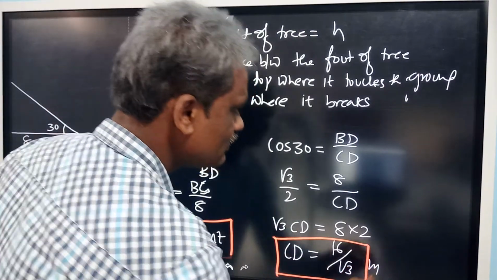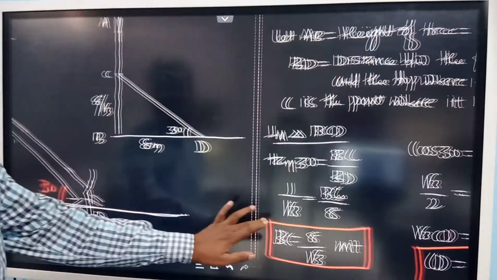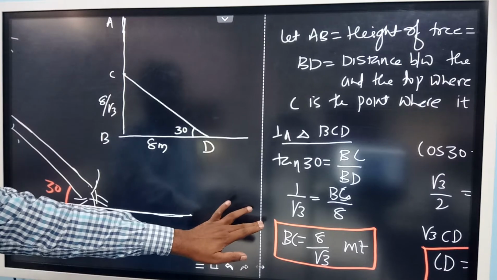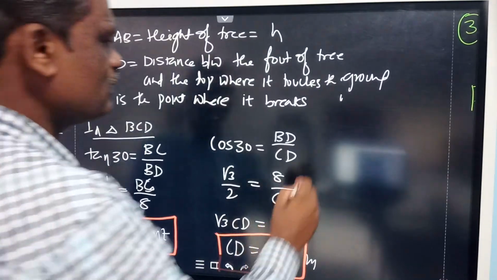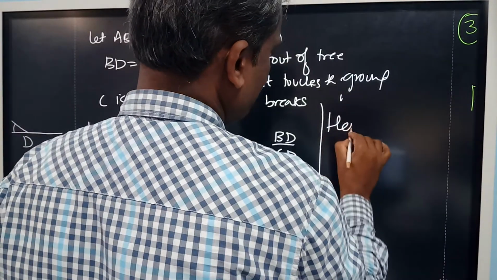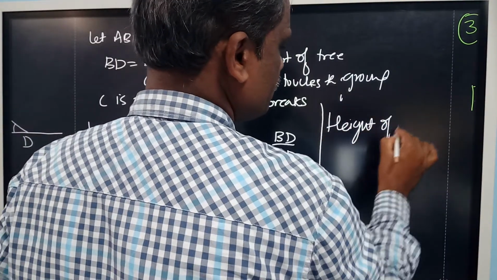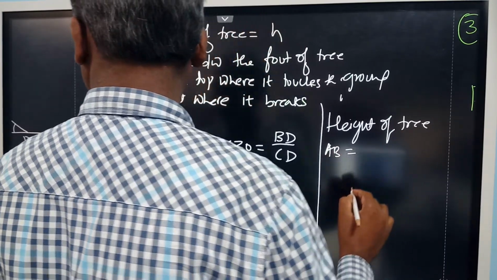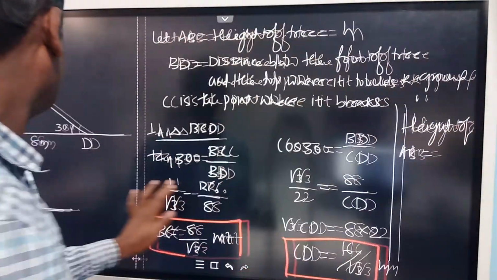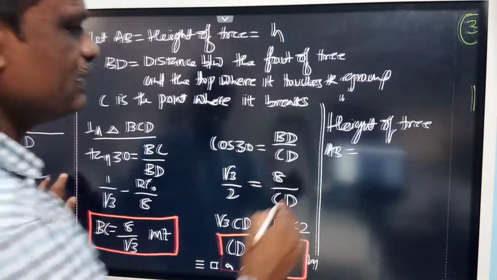It is in meters. We want to know the height of the tree AB. It must be equal to the sum of these two, BC plus CD. AB is equal to the height of the tree. AB is equal to BC plus CD.